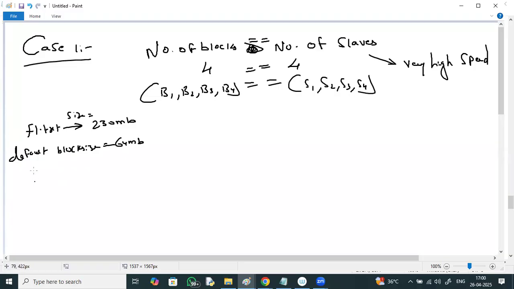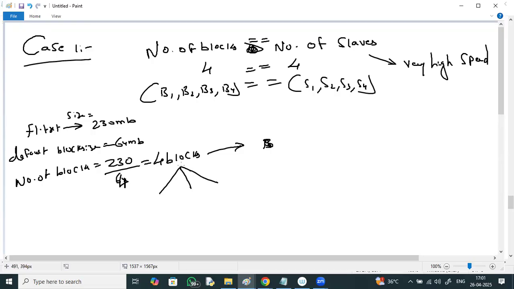Into how many blocks is it divided? 230 by 64 gives 4 blocks: B1, B2, B3, B4. Assume B1 has 10 lakh records, B2 10 lakh records, B3 10 lakh records, and B4 10 lakh records are stored.